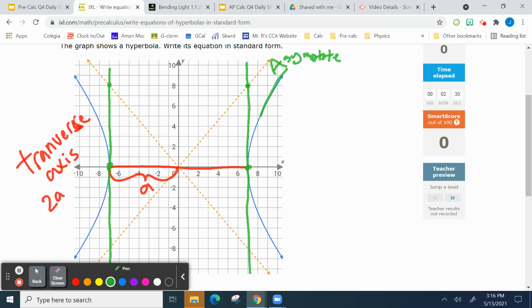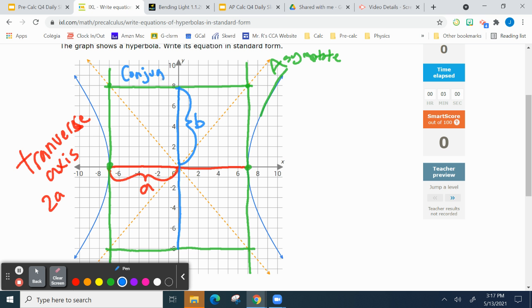So that's a, and then where the line tangent to the curve intersects the asymptote, you can just draw a little box here. I like drawing a box. It makes me feel like I really know what's going on. So then this distance here is b, and you recall that this is the conjugate axis.